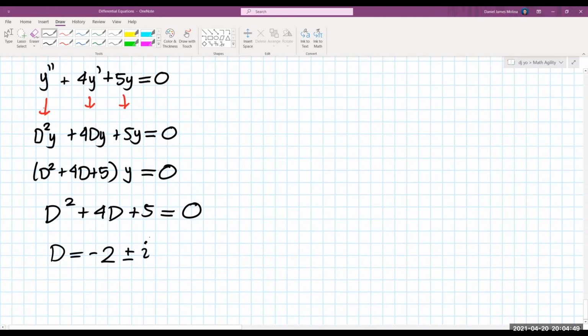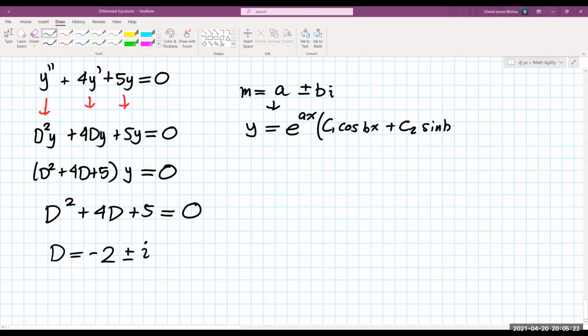If the roots of a characteristic equation are complex numbers in the form a plus or minus b times i, then our general solution will be e raised to ax, or any independent variable, times c1 cosine of bx plus c2 sine of bx.